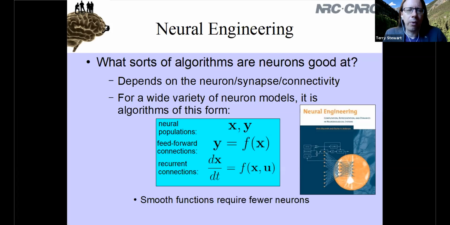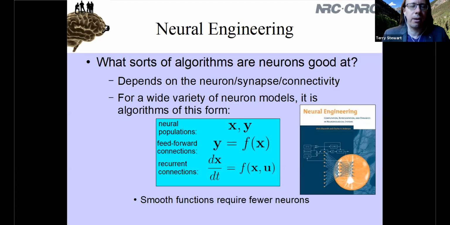But across a pretty wide range of neuron models, it turns out that if I have an algorithm that consists of vectors, functions computed on those vectors, and differential equations computed on those vectors, it's pretty straightforward to take that and map it into whatever neuron model you happen to be wanting to use, spiking or non-spiking.